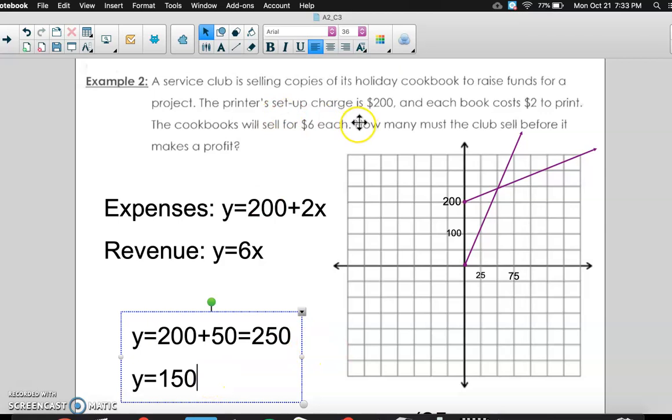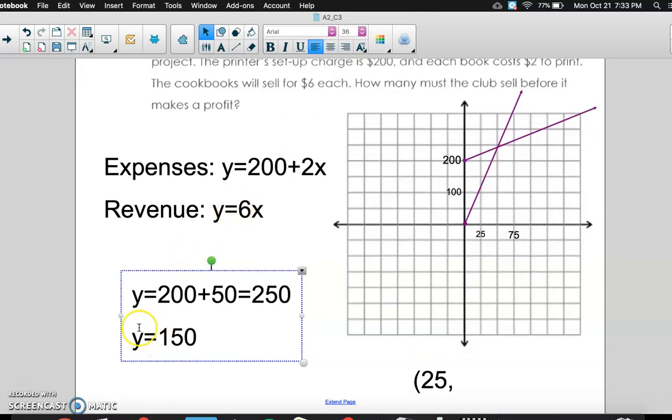Notice in the problem it says how many books must the club sell before it makes a profit. Well, if your revenue is 150 and your cost to produce is 250, they're not making a profit, are they? So we're ideally looking for the number of books it takes for these two numbers to be equal.